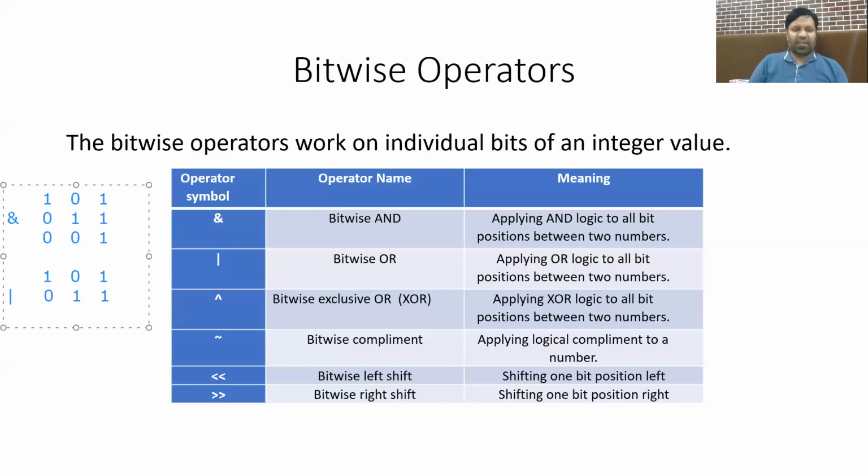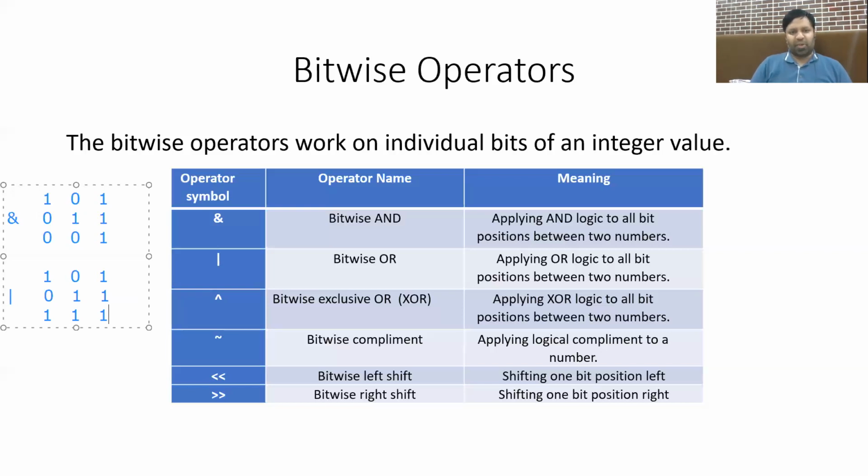OR means either one of the two bits should be 1. 0 or 1 is again 1, and 1 or 1 is again 1. So what is the value of 5 or 3? The answer is 7, because the decimal equivalent of 1, 1 and 1 is 7.